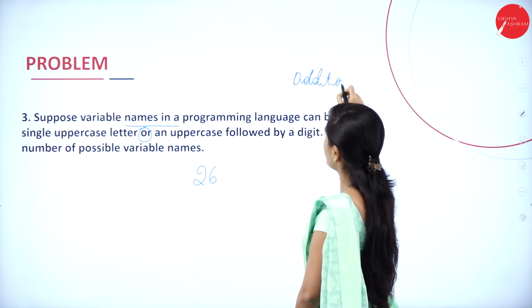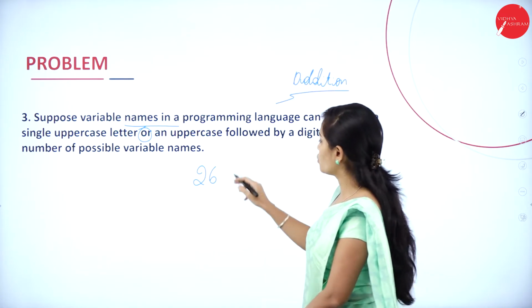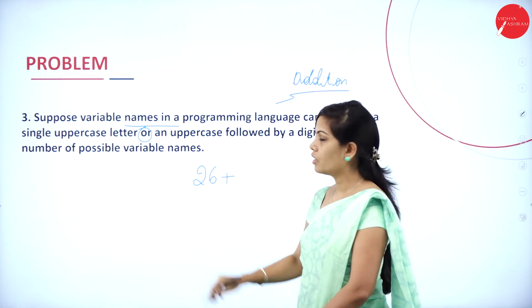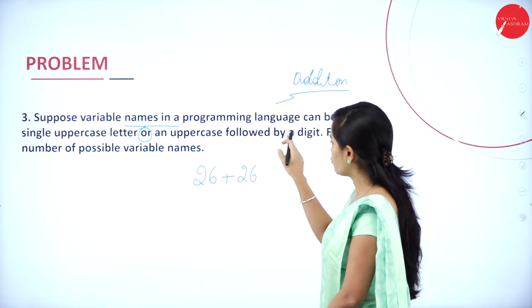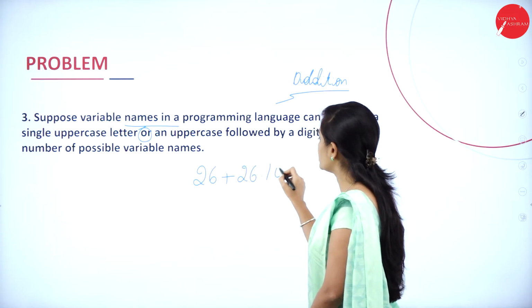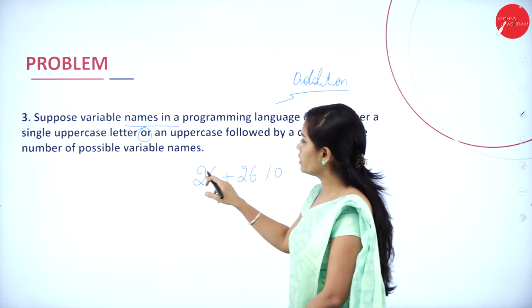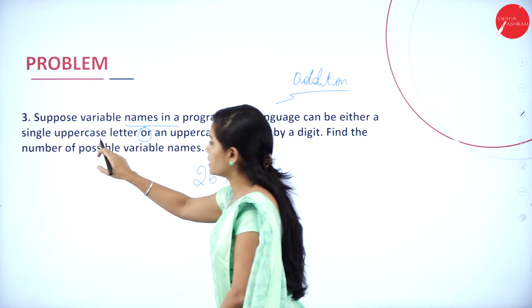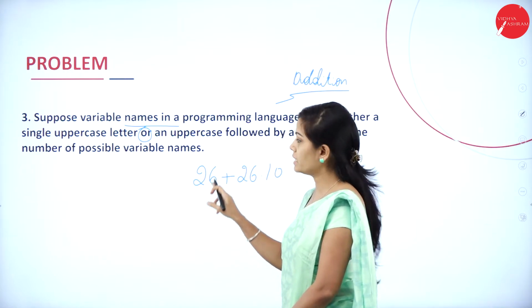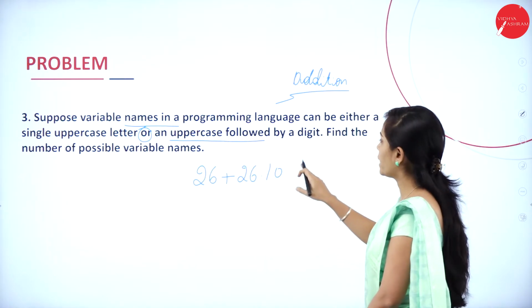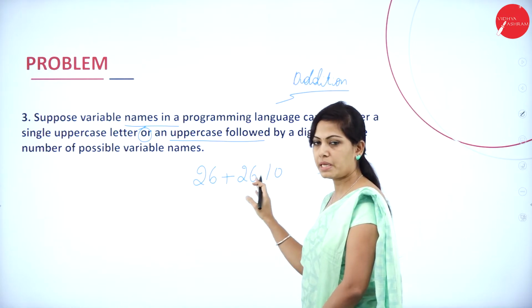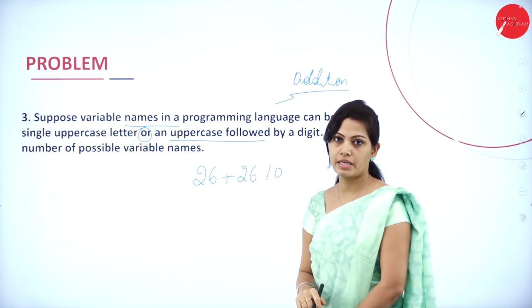In the OR operation we are using addition. Clear? So I'll repeat: single uppercase, or an uppercase followed by a digit. So first multiply this and add this, you will get the final answer.